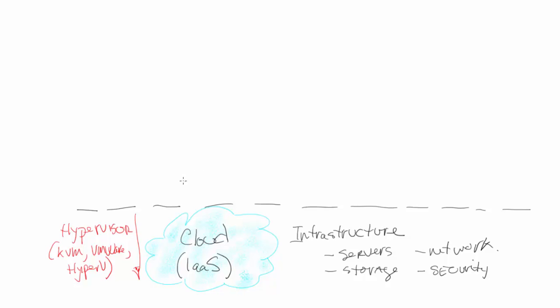Now, built within the hypervisor are a couple things, right? So now we build upon the cloud. The first thing that we do as a customer is we put in a network operating system. And so some examples of this are Windows or Red Hat, for example, right? Could be Ubuntu, could be Solaris. Solaris doesn't work so well, but you get the picture, right? An operating system or a network operating system.